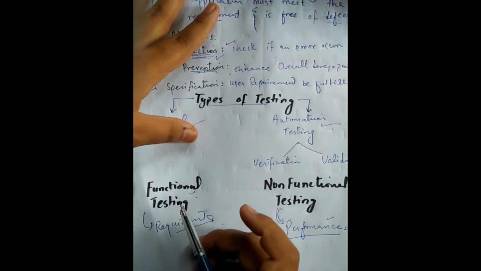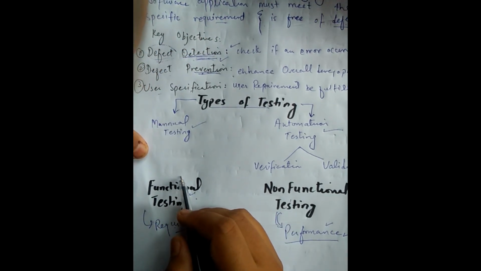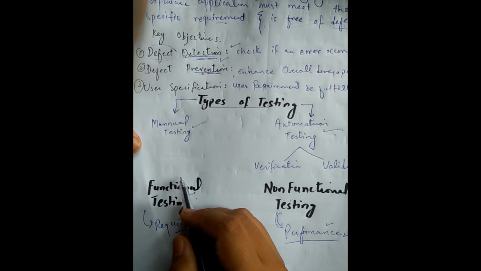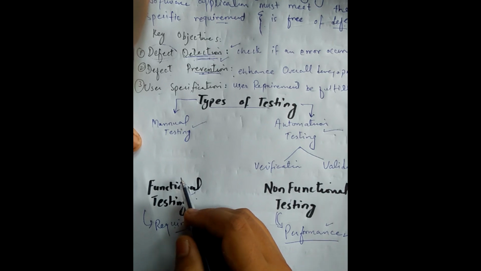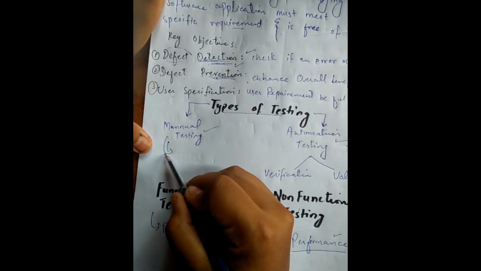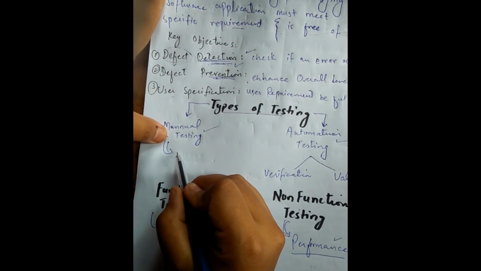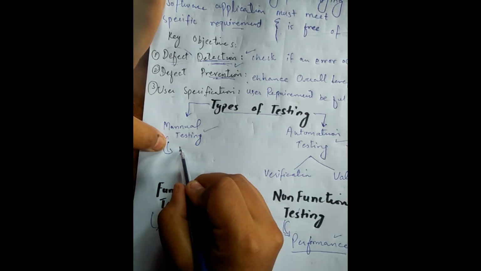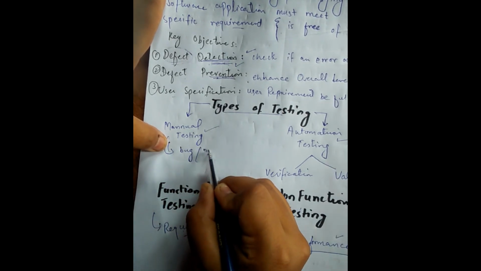We do not use any script in manual testing. In this type, the tester takes over the role of the end user and tests the software to identify unexpected behavior or bugs. We do not use any script, but we check whether it has a bug or not.